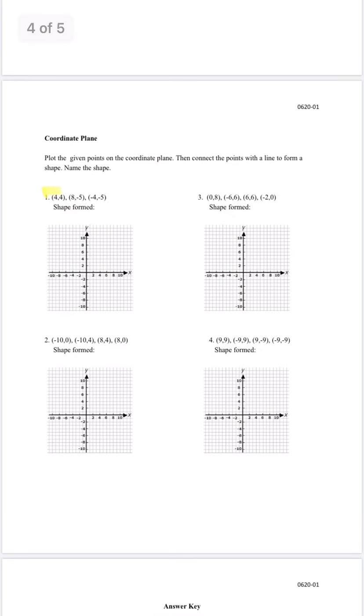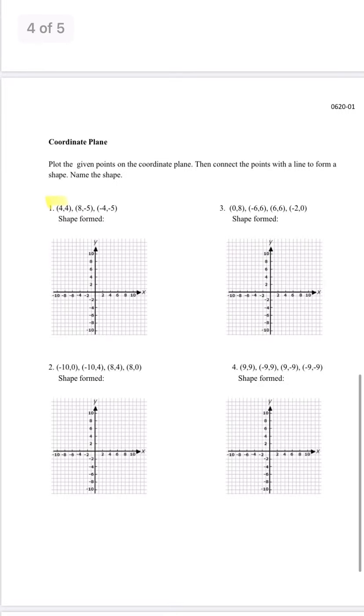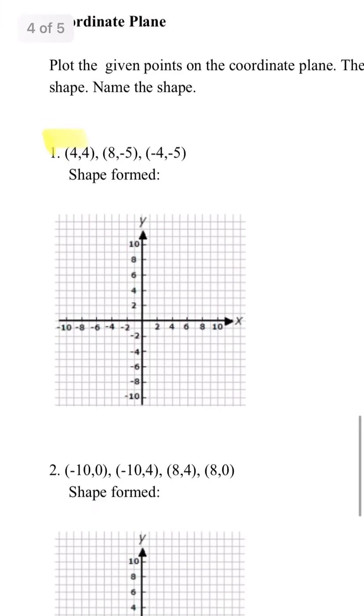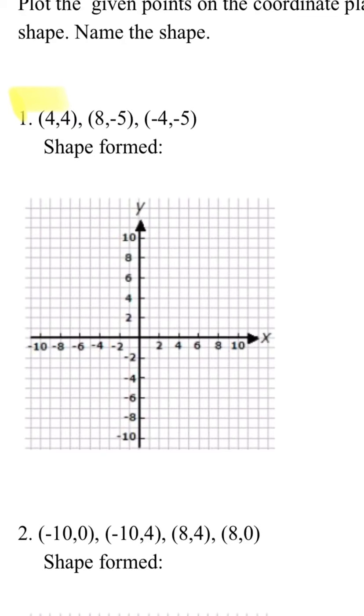And then let's move on to coordinate planes. It says, plot the given points on the coordinate plane, then connect the points with a line to form a shape, then name the shape. So let's look at number 1. Well, 4, 4, let's plot that. The 4, 4 is here, right? And then 8, negative 5 is over here.